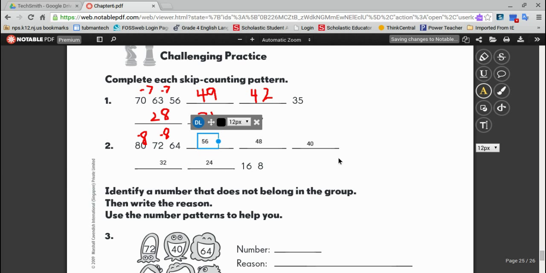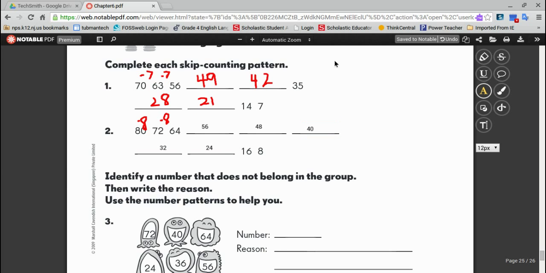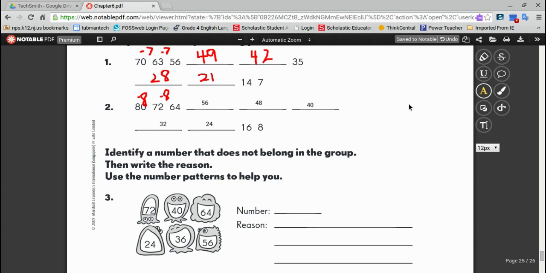And again, if you have a hard time counting your multiples, just draw 7 circles and count your 7 multiples, or in this case, draw 8 circles and then just count and write down your 8 multiples.